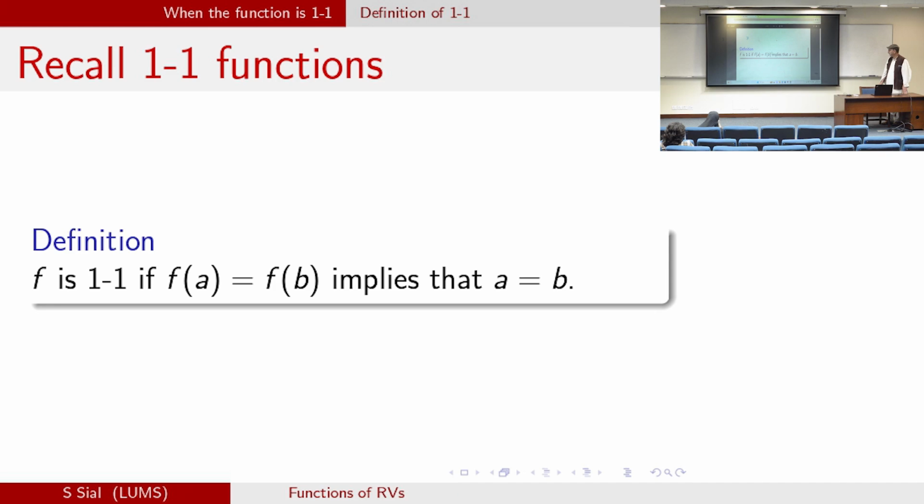I'll try to use the terminology one-to-one consistently, but if I say injection or injective, you should understand what I mean. Let's be a little bit clear on what we mean by one-to-one, because you can't use this formula that we're going to derive if it's not one-to-one.